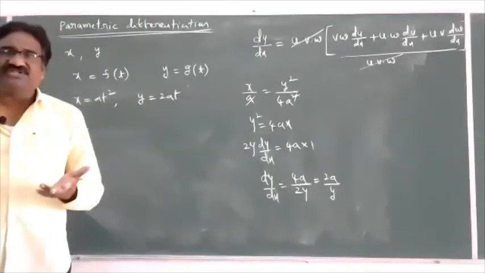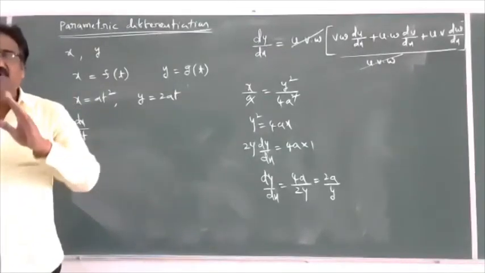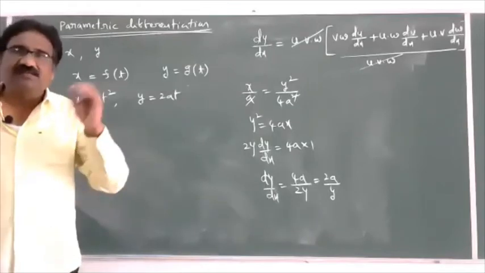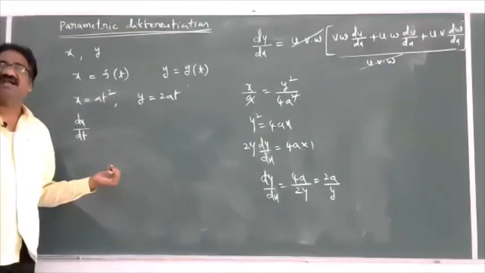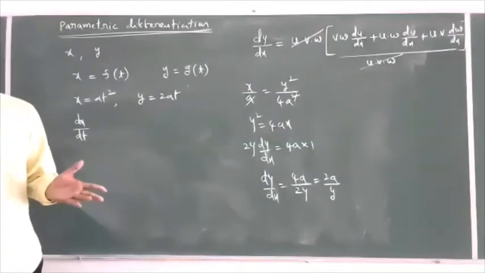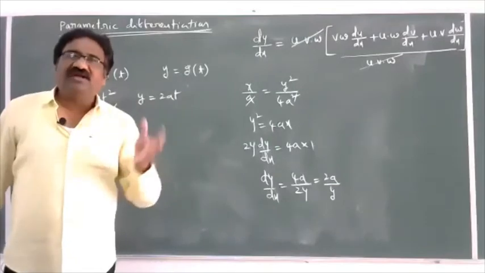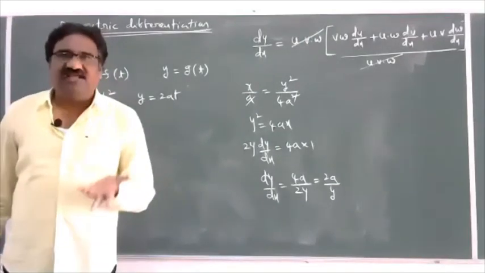We were doing the differentiation with respect to x. That's why the derivative of x power n is n into x power n minus 1. Here with respect to t, the derivative of t power n is n into t power n minus 1, like that. For example, the derivative of sin x is cos x. Here, the derivative of sin t is cos t, like that.